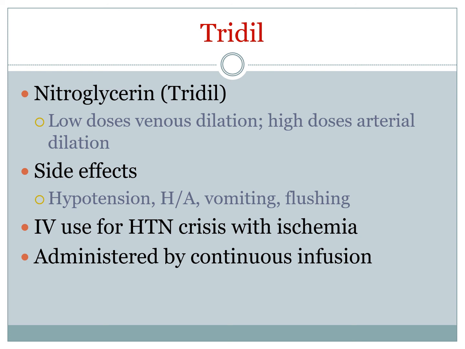Okay, so of course the side effects can be hypotension. We already know about the headache when we use nitroglycerin, and they can also have flushing due to the vasodilation. It is administered by continuous infusion, and I guess that's mostly what you need to know about Tridil. We'll see its use again when we study our cardiac ischemia patients and heart attacks.